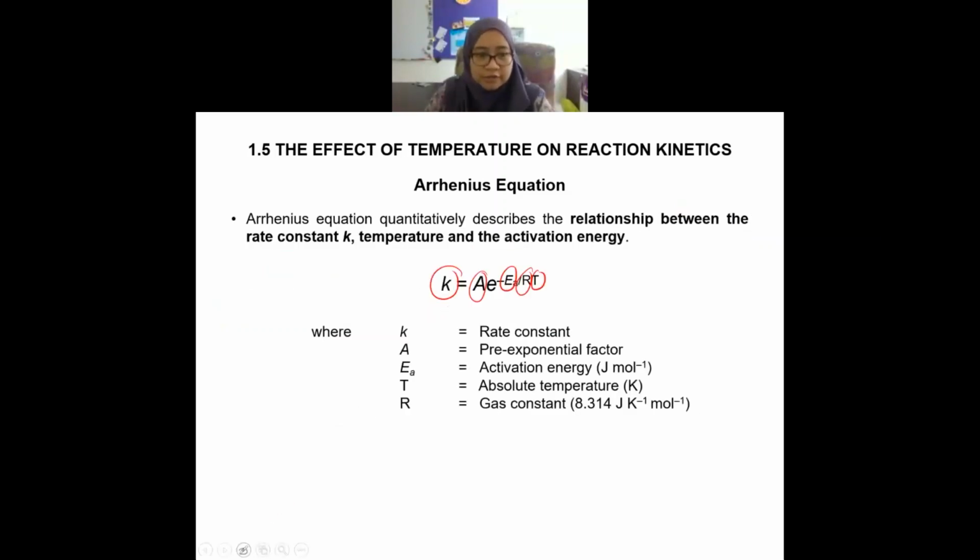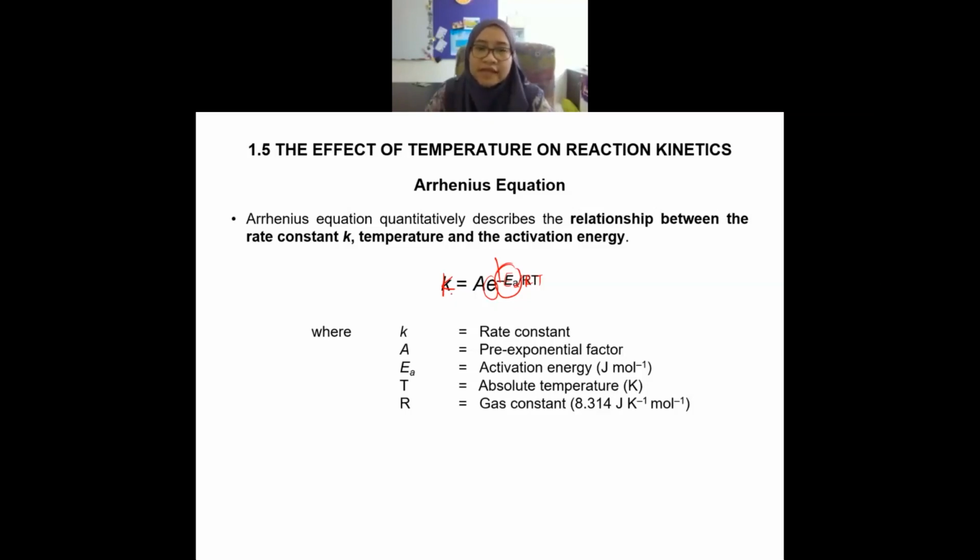Cuba tengok this one. Sebab dia kuasa sikit kan, jadi dia macam susah sikit lah nak ni. Tapi you must be able to determine that. Okay, e kuasa negative Ea over RT. And then k is equal to Ae^(-Ea/RT). And then you kuasa kan, dah lah exponent, and then kuasa dia negatif dekat situ.